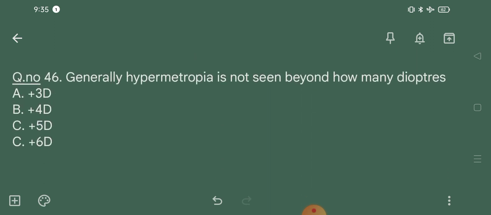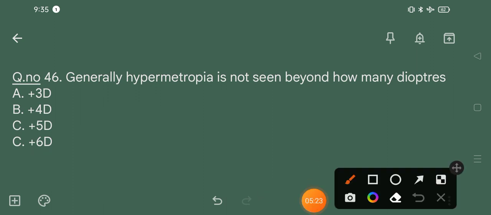Question number 59. Generally, hypermetropia is not seen beyond how many diopters? Option A plus 3 diopter, option B plus 4 diopter, option C plus 5 diopter, option D plus 6 diopter. Sorry, it is option D here.